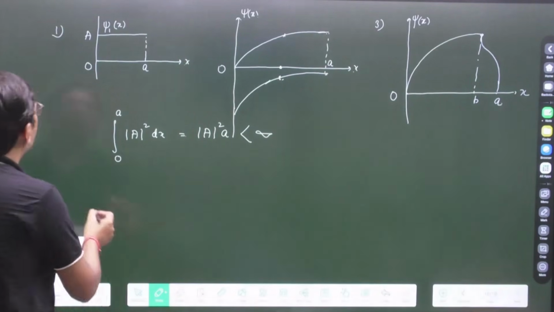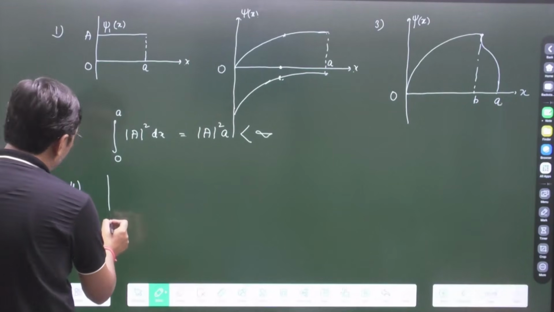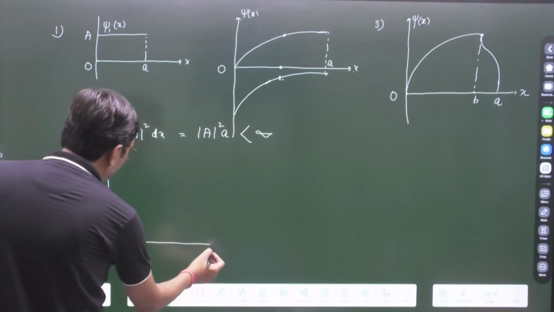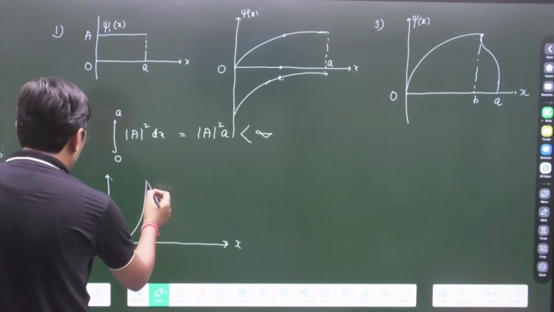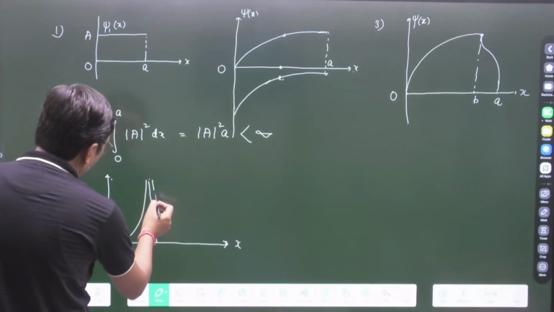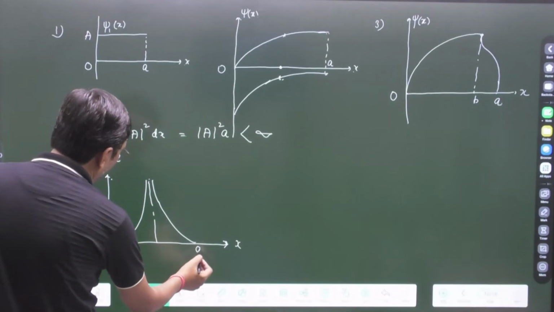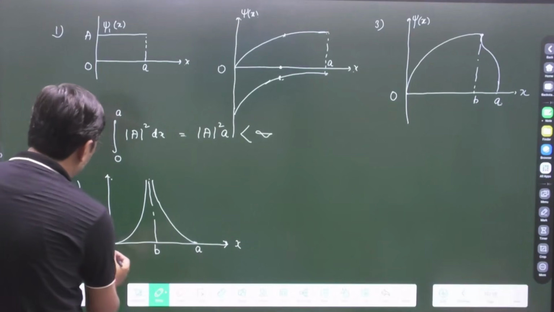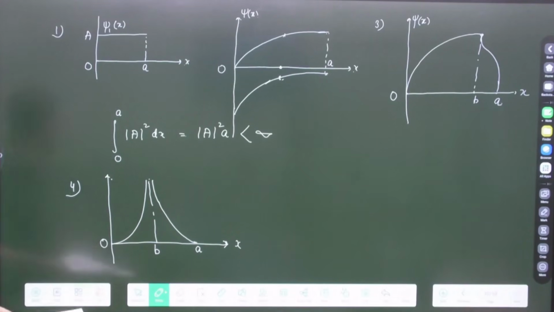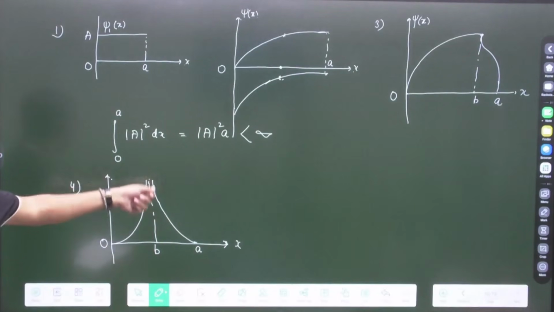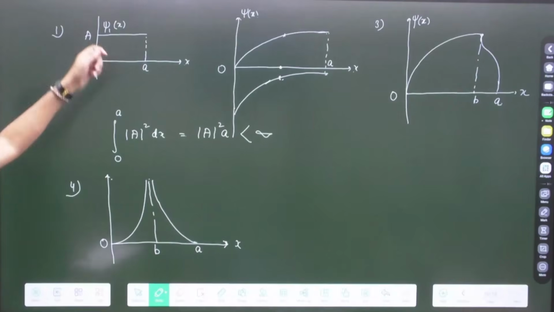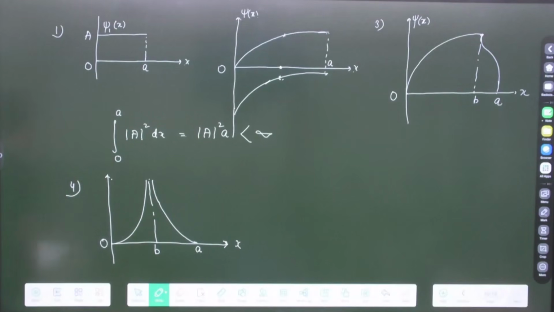Next, fourth. This one of example was this. This is discontinuous at, it is becoming infinite actually, not finite values. So at b, at x equal to b, this is infinite, this blowing up to infinity.